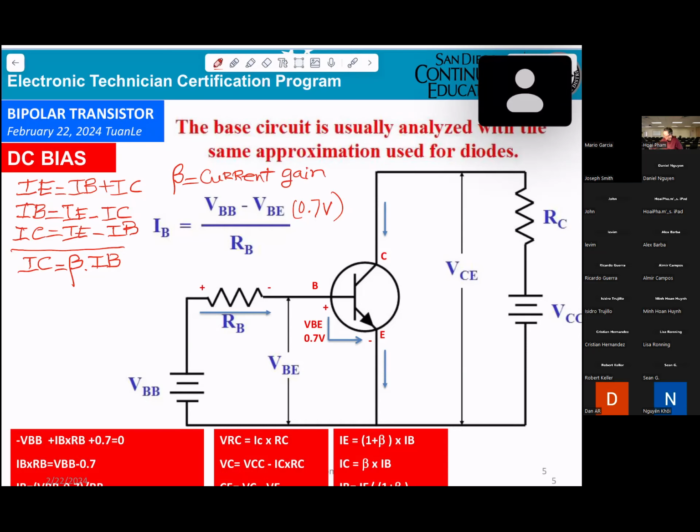Now, if you want to calculate the IE, it will be equal IB plus IC.